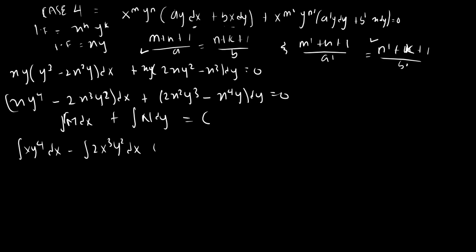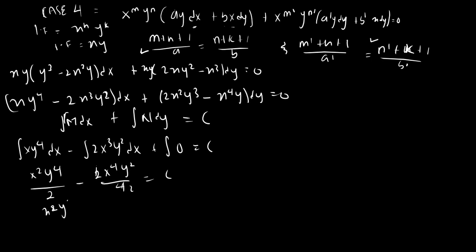So we have plus the integral of 0 is equal to c, and here we're going to have x squared y to the power of 4 over 2 minus 2x to the power of 4 y squared over 4, equal to c. And what we can do here is that the 2 cancels, remaining 2.